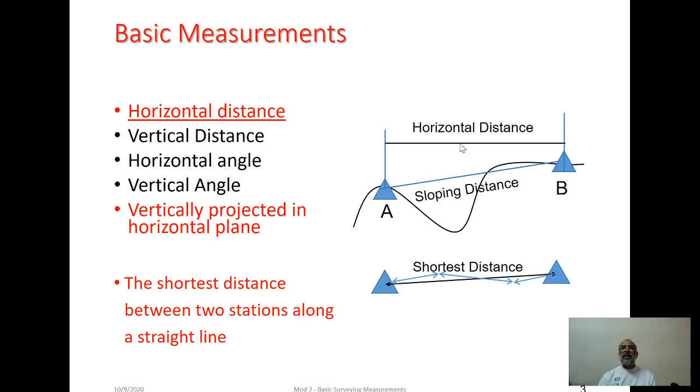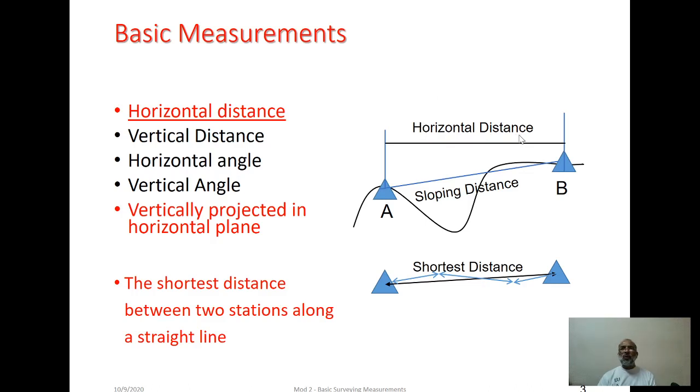Whenever we deal with surveying operations, horizontal is defined with respect to vertical. Vertical direction is defined by the direction of gravity. And any plane which is perpendicular to this direction given by gravity is nothing but the horizontal plane. Hence, we wish to have this horizontal distance measured in the horizontal plane.